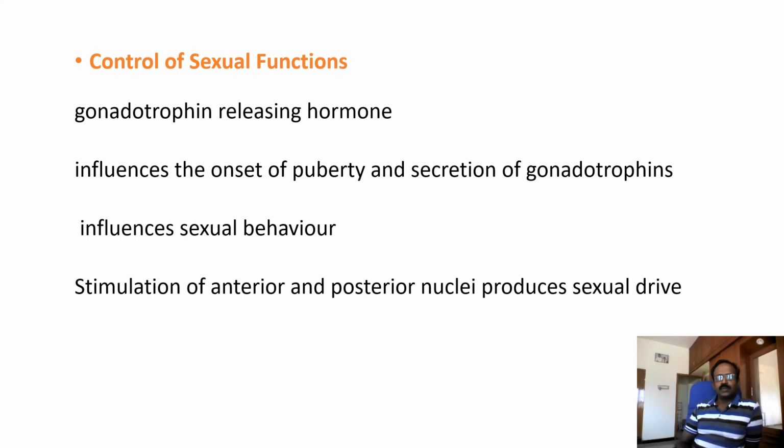Stimulation of the anterior and posterior nuclei also produces sexual drive. The posterior pituitary releases oxytocin, which also plays an important role in sexual functions. The gonadotrophin hormones release testosterone, which also plays an important role in sexual activities.